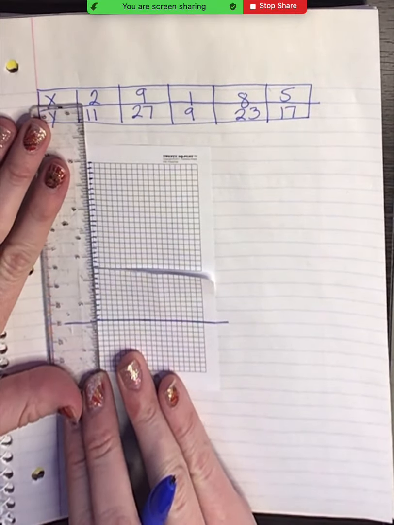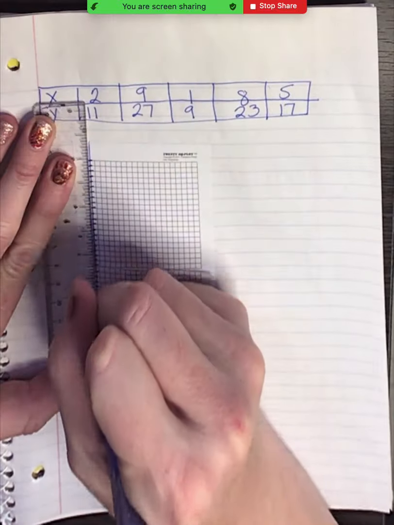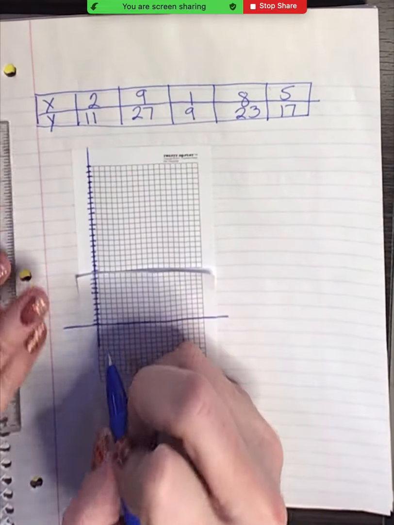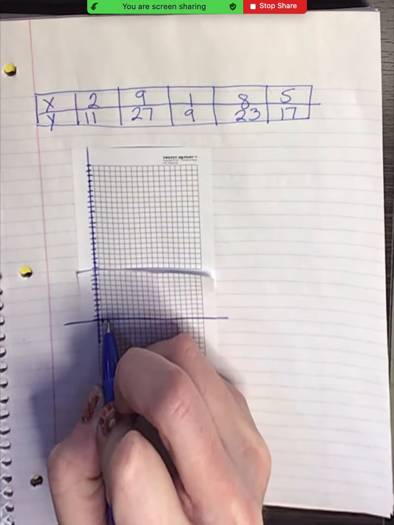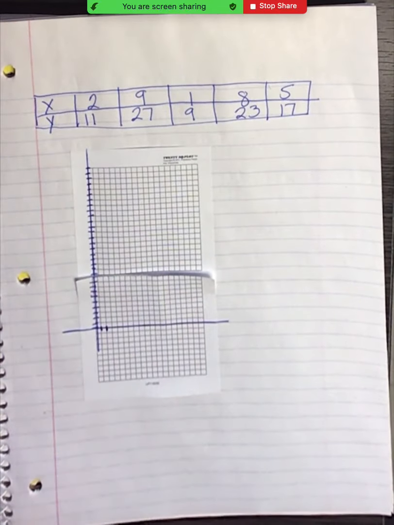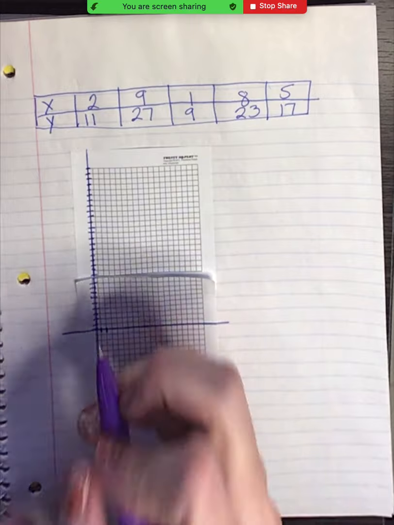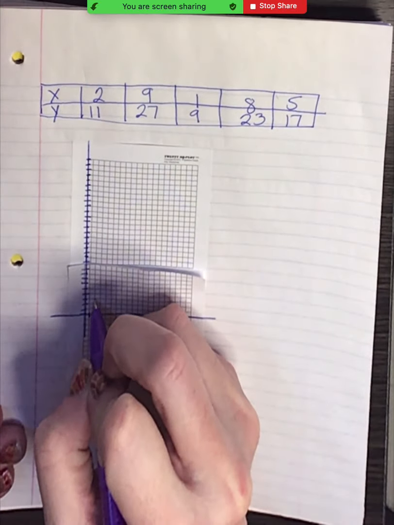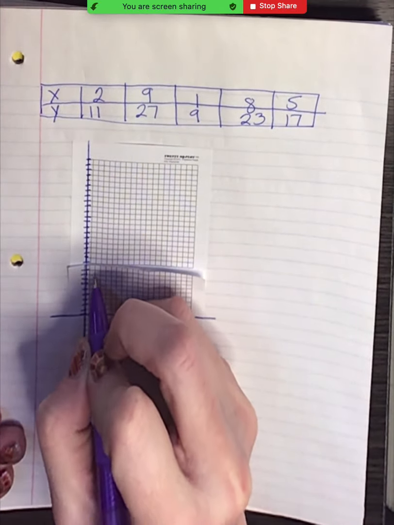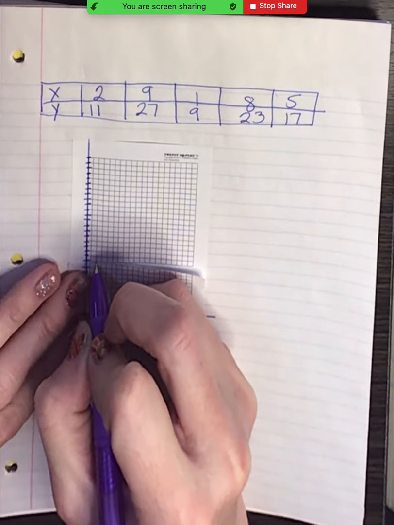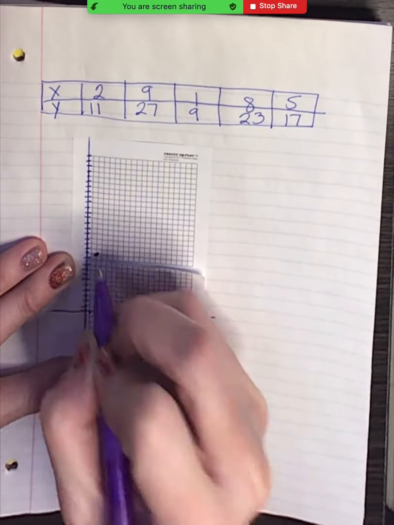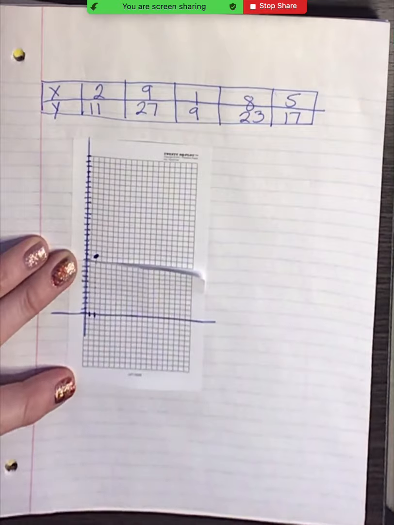And then I'm going to plot all of these points. Each line is 1. So I'm going to plot 2, 11, then 9, 27.